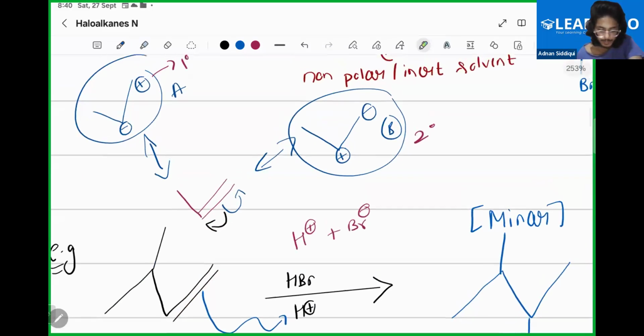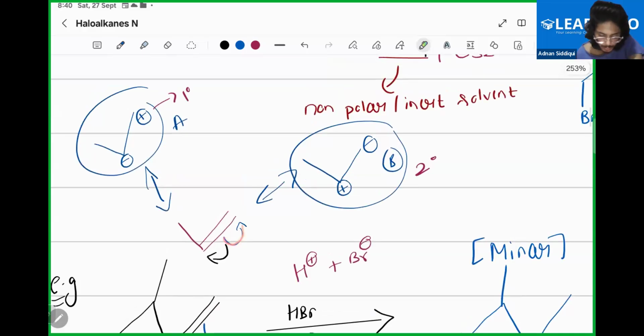See, I can move my pi bond to the right hand side. Then these two electrons are going to go on this carbon, so it will have a negative charge, and consecutively this carbon will have a positive charge.